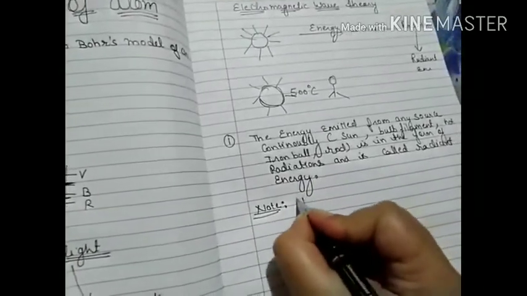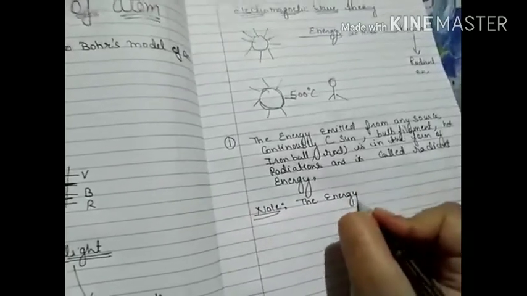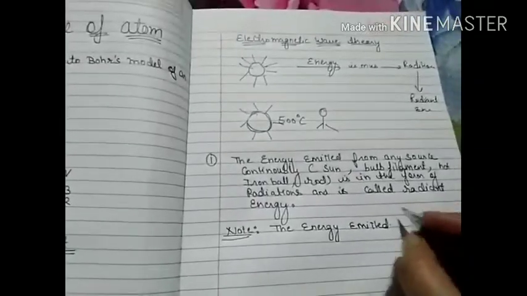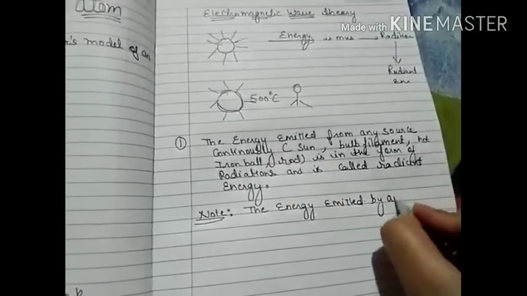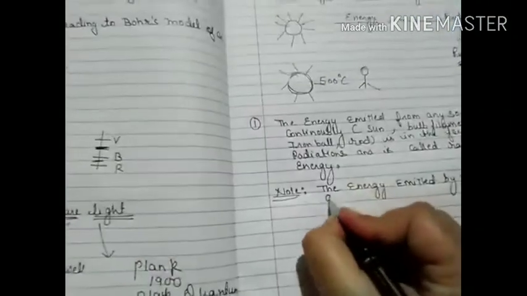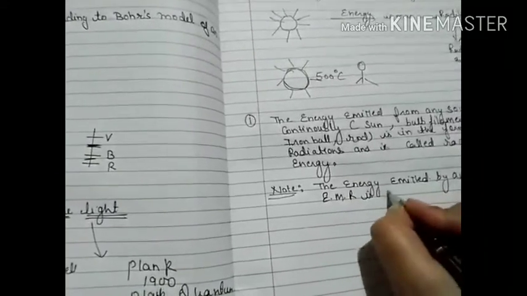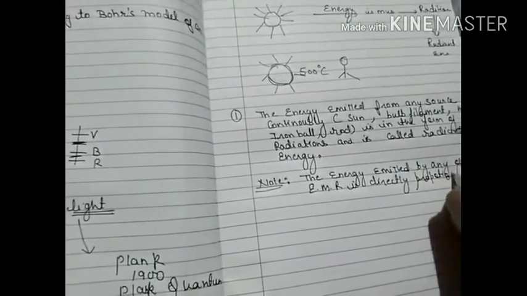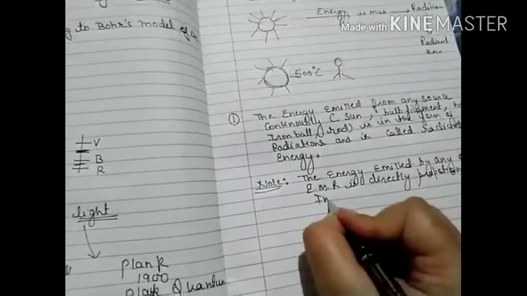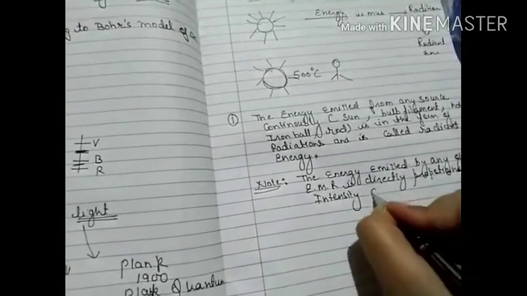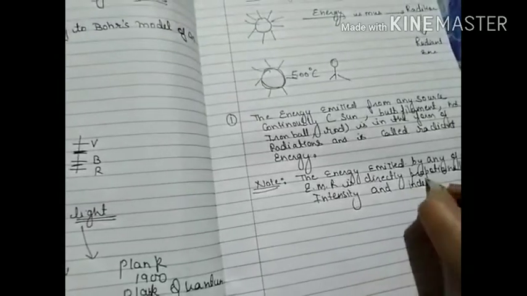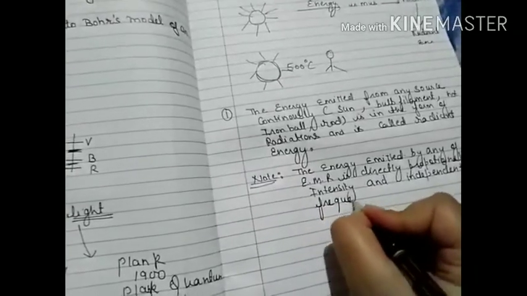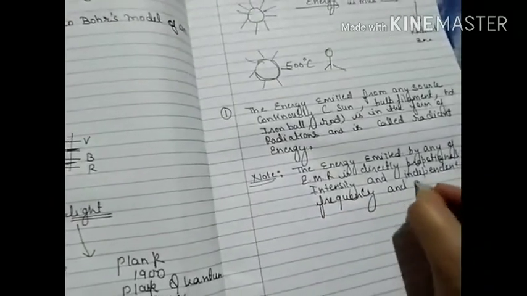Note: the energy emitted by any electromagnetic radiation is directly proportional to intensity and independent of frequency and wavelength.